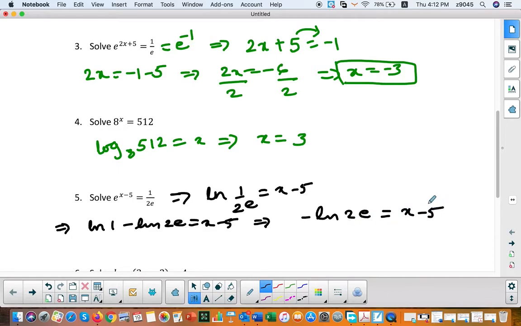The value of ln 1 is 0, so this gives us minus ln 2e equals x minus 5. We need to find the value of x, so I'm going to move this 5 to this side. We have 5 minus ln 2e equals x.